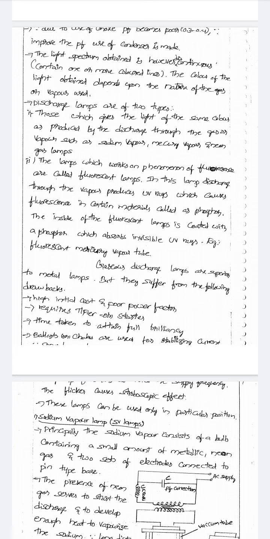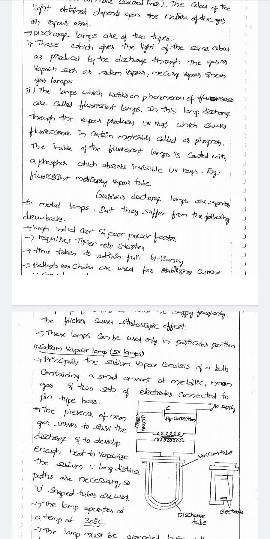Gas discharge lamps are superior to metal filament lamps, but they suffer from the following drawbacks. Every equipment has advantages and disadvantages, and similarly these lamps also have disadvantages. The advantages are high efficiency and bright color, because they overcome the drawbacks of the incandescent lamp.